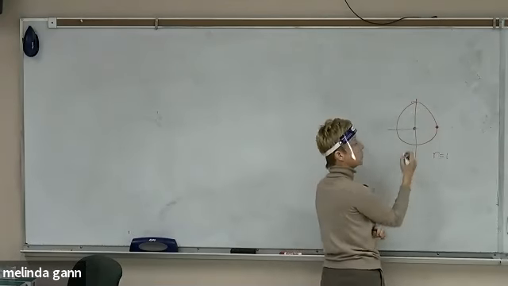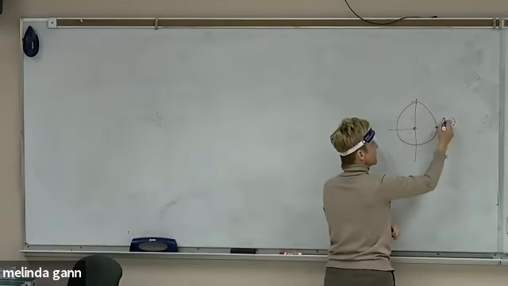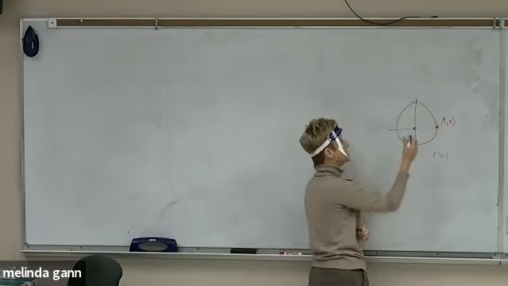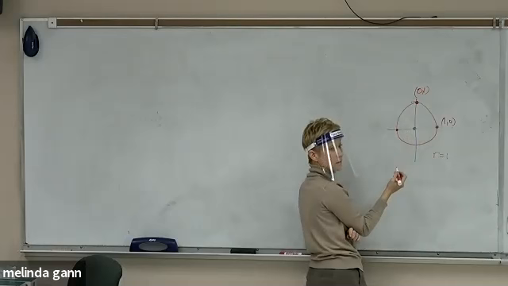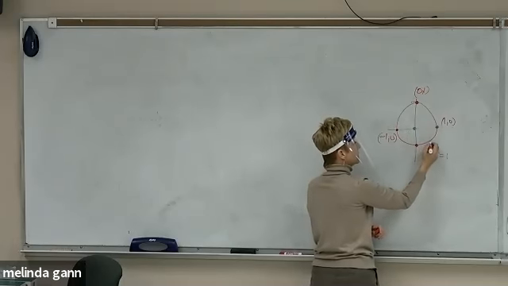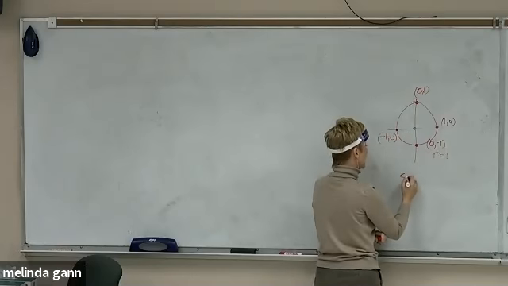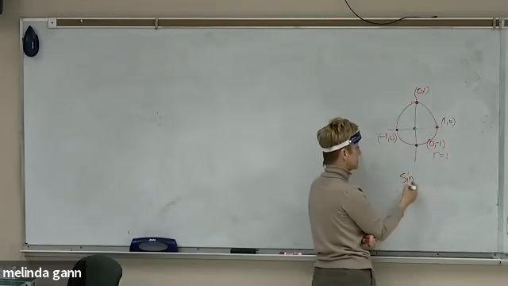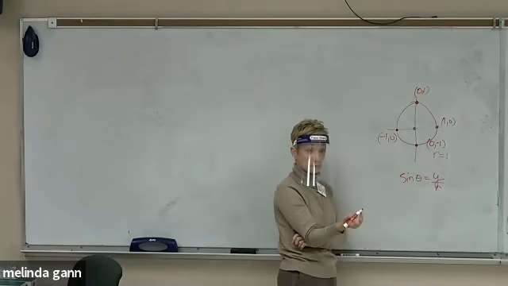Is it 0, 1 or 1, 0? It's going to be 1, 0, isn't it? Don't you go to the right one? What's this point going to be? 0, 1. What's this point going to be? Negative 1, 0. What's that point down there going to be? 0, what? Negative 1.